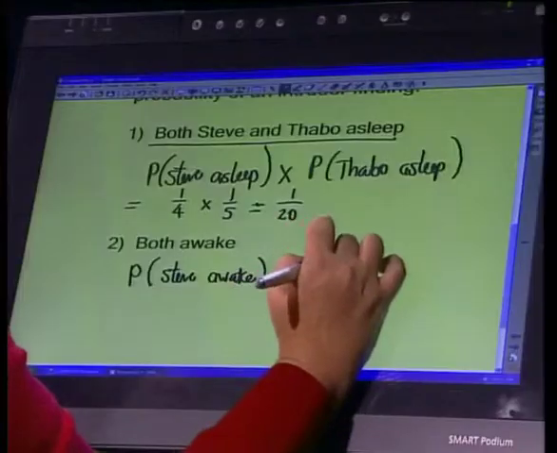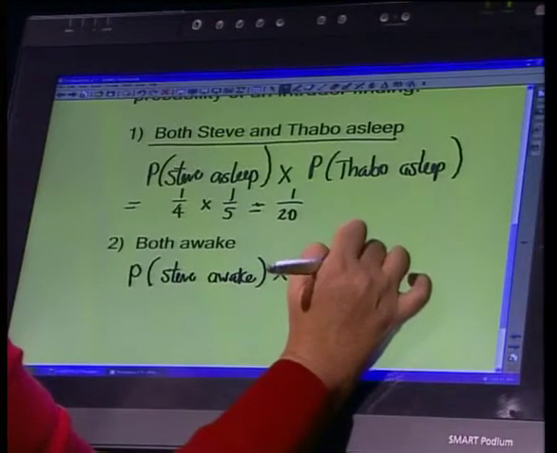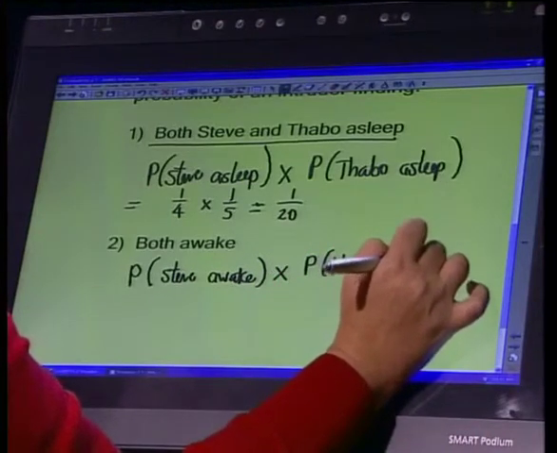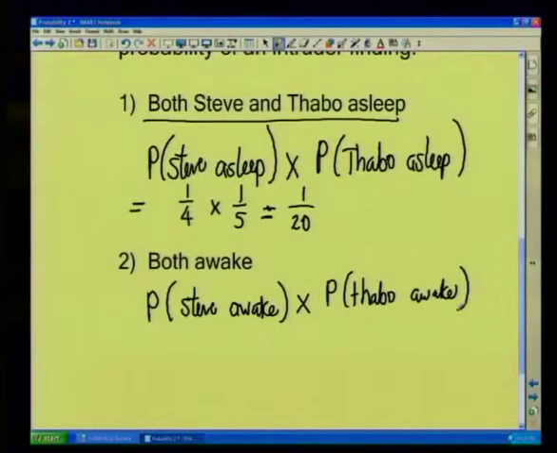Okay, so what is the probability of them both being awake? So this one is going to be Steve awake, and, which means times, Tabo awake, and it's going to be the opposite of these ones. So it's going to be 3/4 times 4/5, and we can check that on our tree diagram.